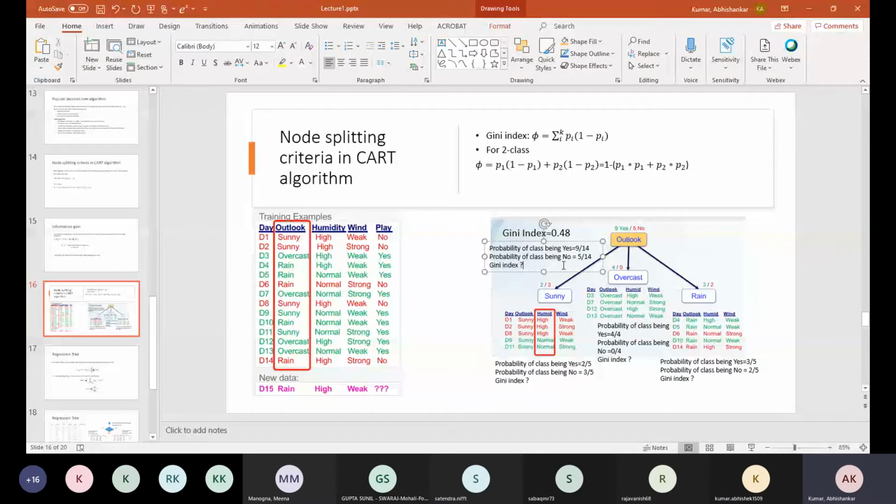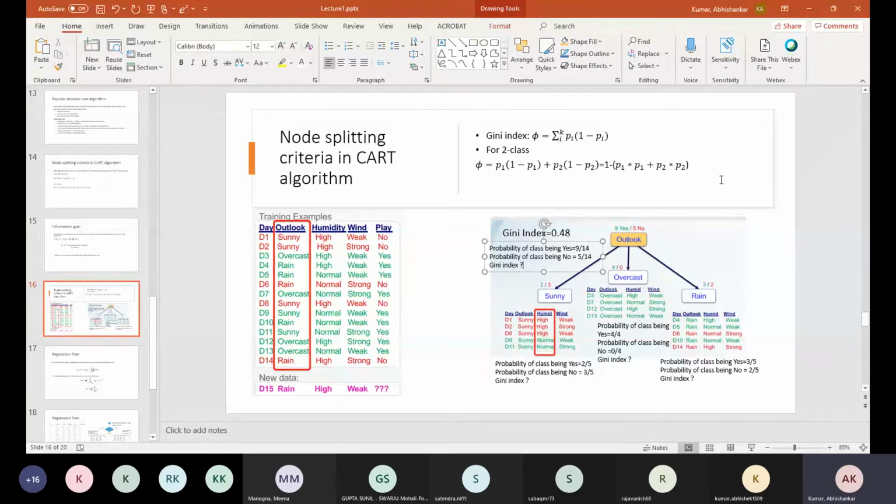So one answer is 0.48. Another answer, someone is saying 0.46. For overcast, I don't have a calculator actually. I believe you guys. The formula is very easy: 1 minus (P1 square plus P2 square). That's all.